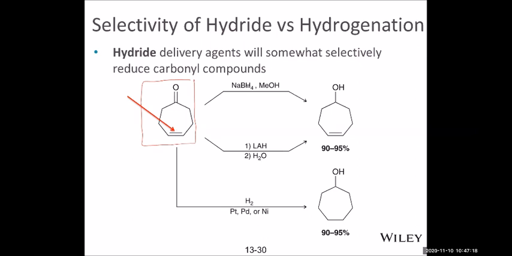When you use a hydride reagent to add in hydrogen, the hydride has a negative charge. It will attack a positive charge in the structure. This alkene is basically electronically neutral, a nonpolar group. So hydride will not react with the alkene double bond. Hydride only reacts with the polar double bond, the carbonyl.